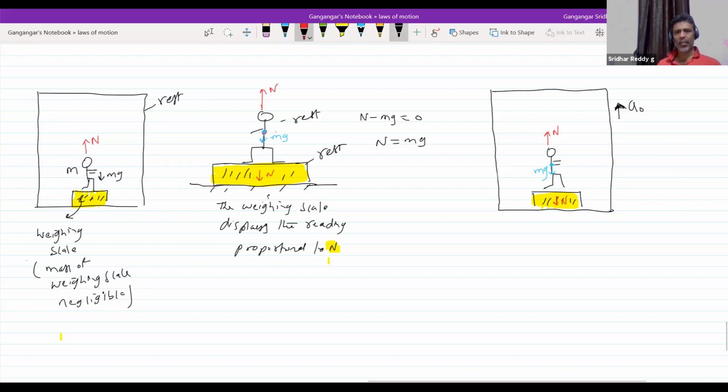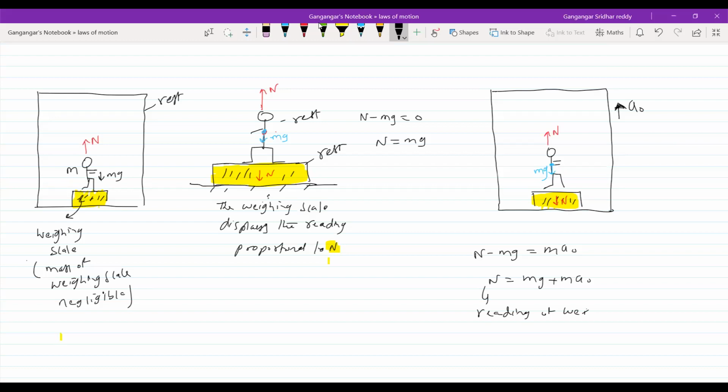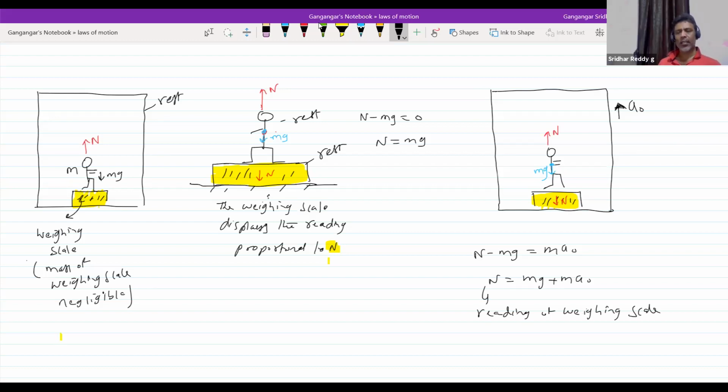So let me do it in the ground frame. N minus mg equal to ma naught. So N equal to mg plus ma naught. So what happened to the reading of weighing scale? More than his weight. The person feels heavier, no? Getting all of you? The person feels it is heavier.